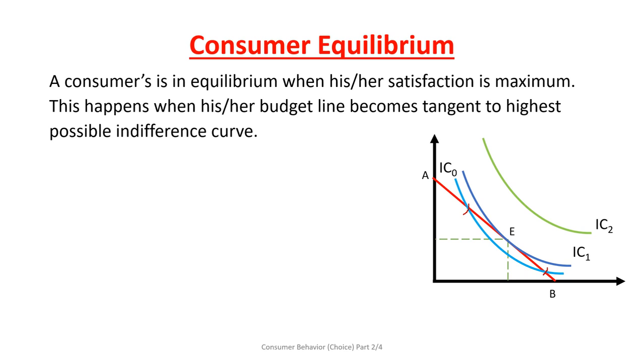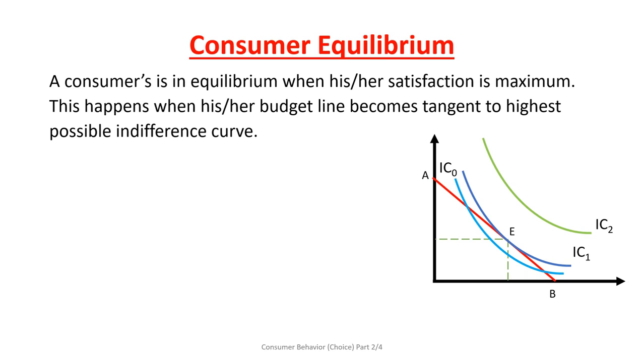As we know that the satisfaction level on the bundles on IC1 will be higher, therefore the consumer will choose a bundle that lies on IC1 and also is affordable. So the consumer will be in equilibrium when he chooses a bundle which locates where budget line is tangent to highest possible indifference curve. This is represented by point E.